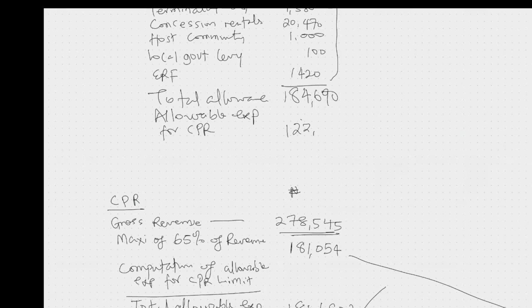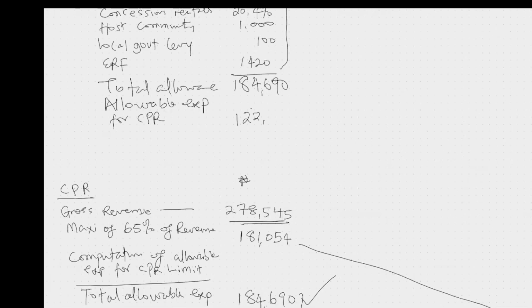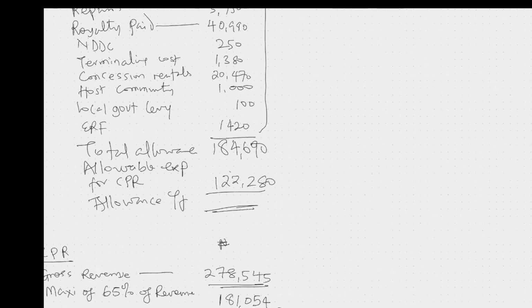So this minus this is the carry forward. Allowable expenses carry forward will be what? We close it there. 62,410.